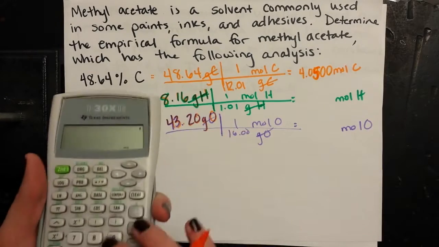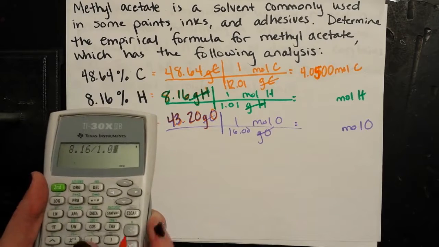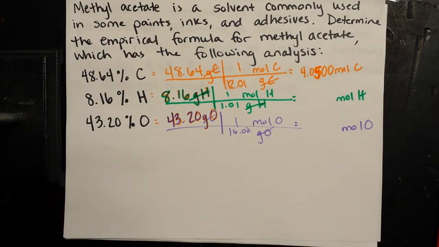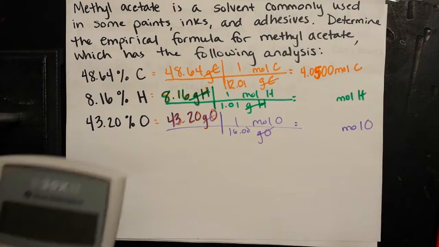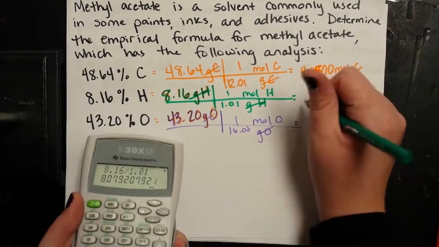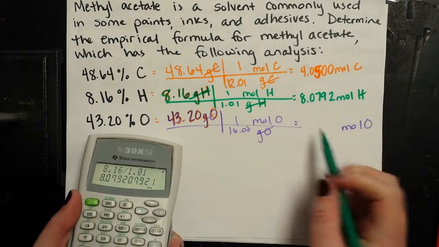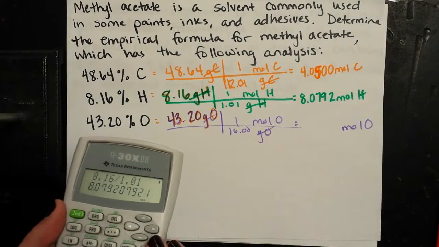Over here I've got 8.16 grams of hydrogen divided by 1.01 grams of hydrogen per 1 mole. So this many grams of hydrogen is 8.0792 moles of hydrogen.